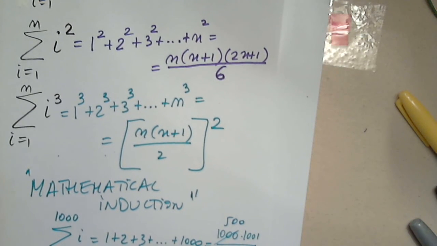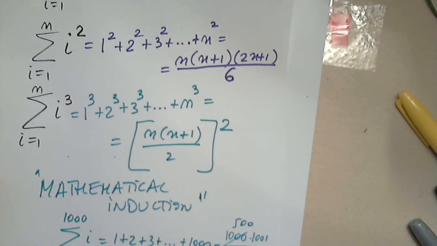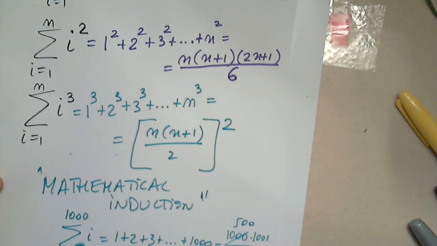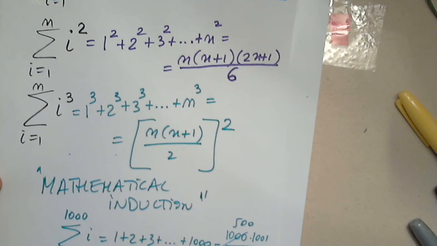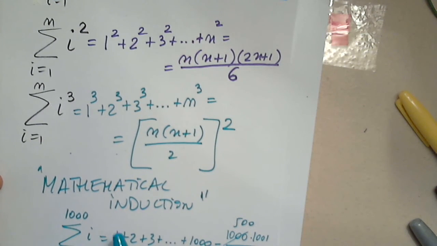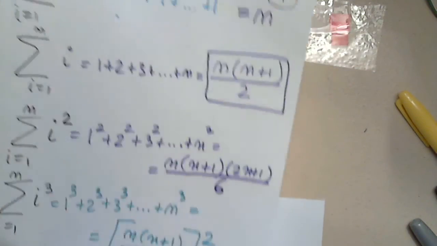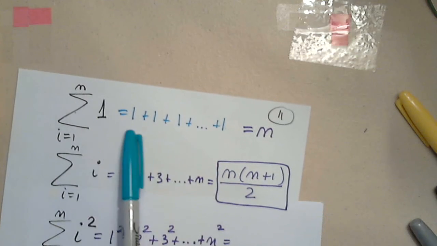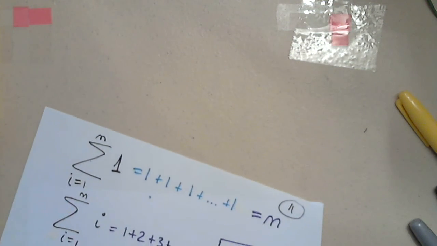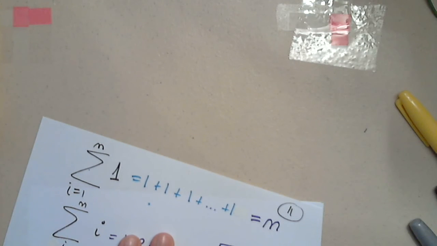And using this formula, you can do whatever else you want, from any number starting with 1 to whatever. If you start at 10, then you have to subtract the first 9. So this is simplifying our life because, first of all, we don't really want to write this. We prefer to write that.